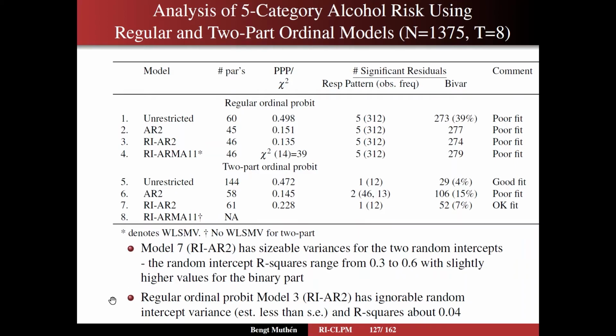In contrast, it's interesting to see that the regular ordinal probit model 3, RIAR2 as well, has ignorable random intercept variance, an estimate less than the standard error, and ignorable R-squares. I should mention that for the analysis that we've done so far, you have outputs on the website for this Webtalk.